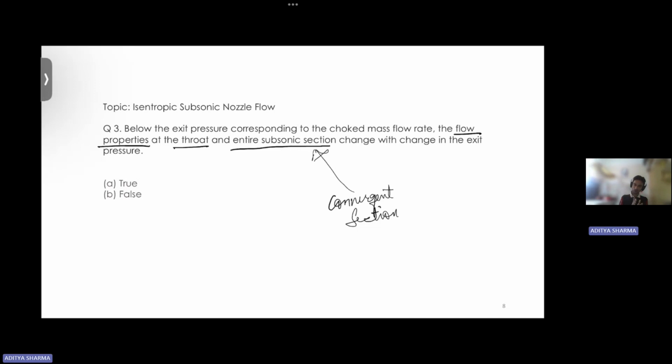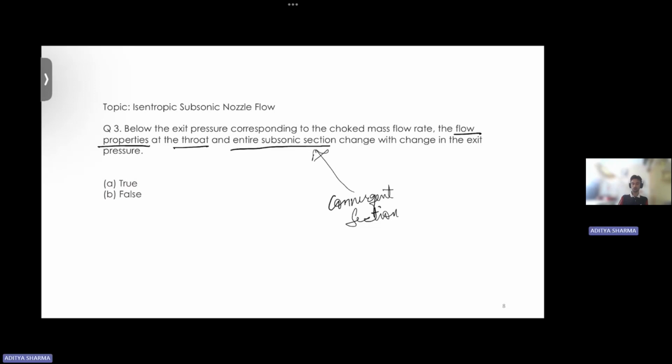But the same is not the case for the divergent section. That is why we see things like the overexpanded case or underexpanded case, or ideal expansion case. But for this particular scenario, there is no change.